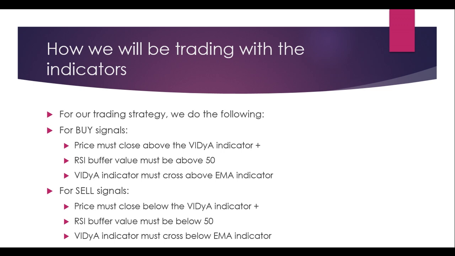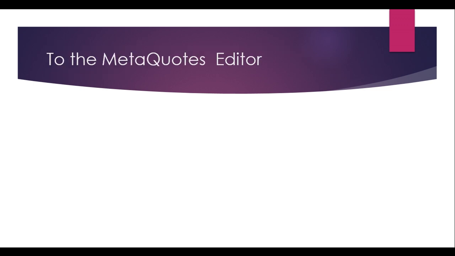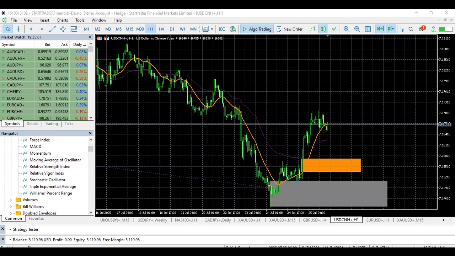So we're looking at the crossover of these two indicators with the RSI being above for buy and the RSI being below for sells. So now we're gonna continue over to our MetaQuotes editor to develop our trading signal.